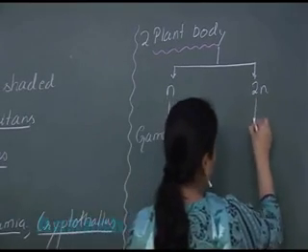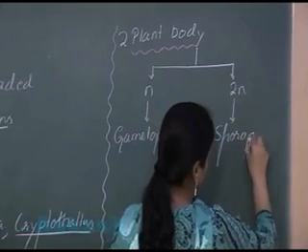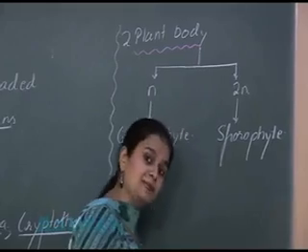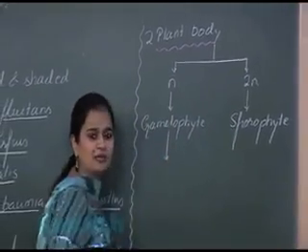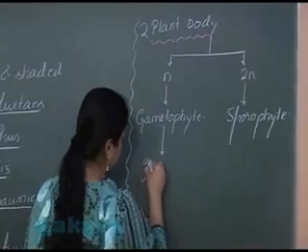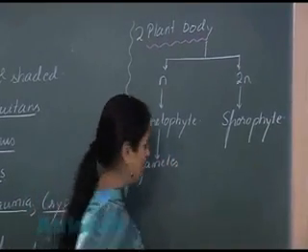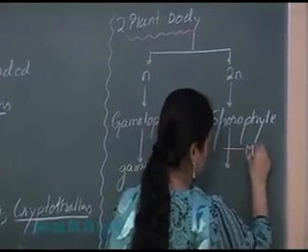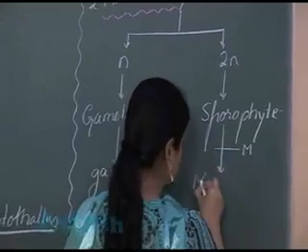The diploid plant body is the sporophyte. As I have discussed in the previous class also, the gametophytic body results in the formation of gametes. And the sporophytic body, after meiosis, forms spores.